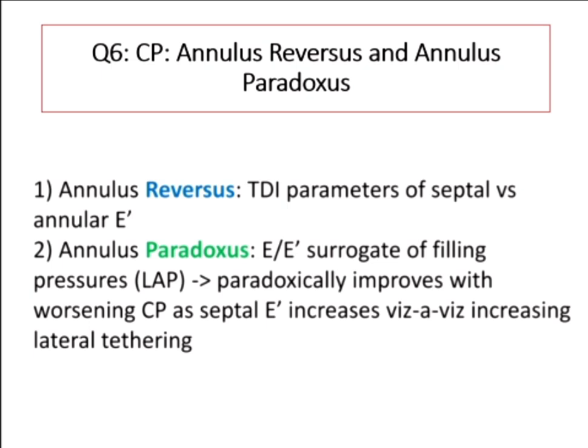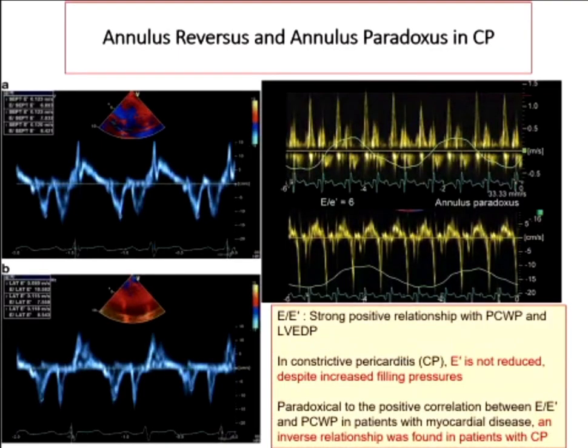When there is a constriction, the shell holds on to the lateral wall. Your TDI parameters of the septal start to get larger than the lateral, or rather the lateral becomes less than the septal parameter. E prime of the lateral and E prime of the medial, it's 12 and 8. So this is not something that we commonly see in a normal heart. In a normal heart, the lateral wall tissue Doppler E prime is a lot more than the medial wall.